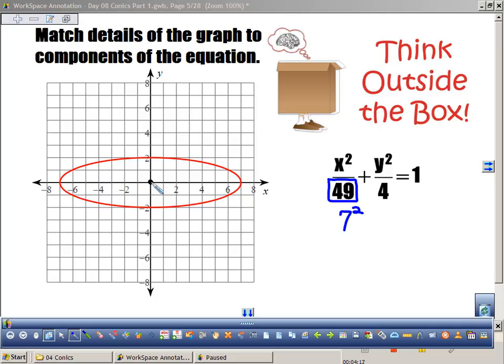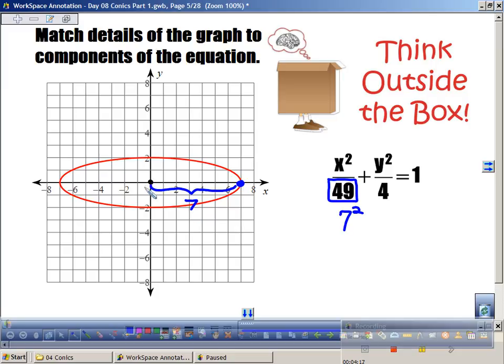Okay, it's one of the points, so if we start at the center and we go out 7, it'll be a point on the ellipse. Good. And we could go in the opposite direction also. I don't need to write -7 because distance is always positive. And I'm talking about the distance from the center out to the ellipse.